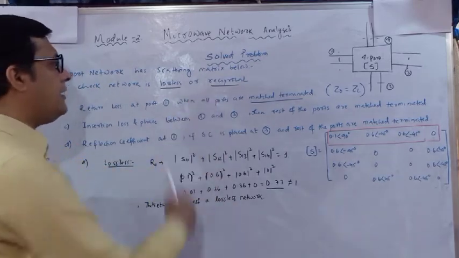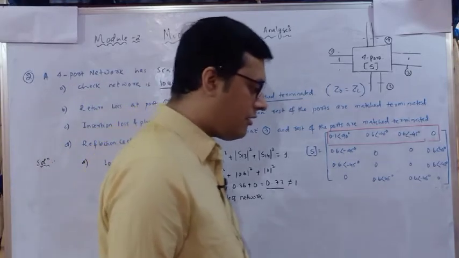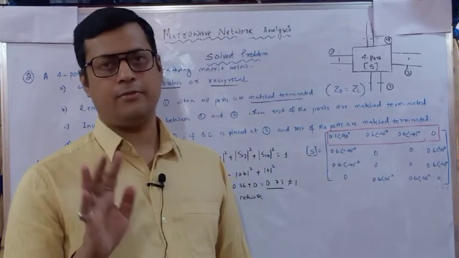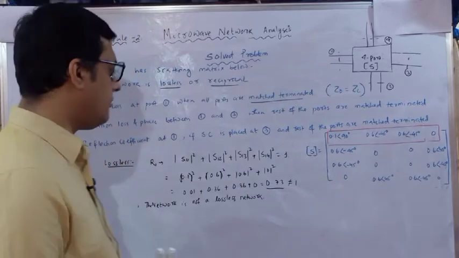Next we have to check whether it is reciprocal or not. Now how to check whether it is reciprocal? S12 must be equal to S21, S13 must be equal to S31, that we have to see.